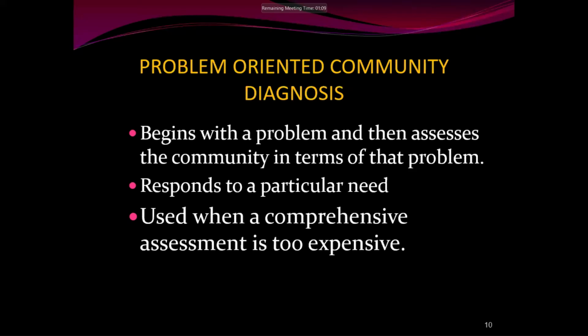In problem-oriented analysis, we look at only a specific problem or a specific need, and if the comprehensive assessment is expensive, then we focus on problem-oriented community analysis. So today only this much, and next time we'll discuss the steps of community diagnosis.